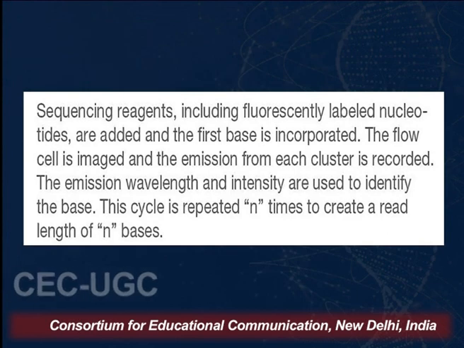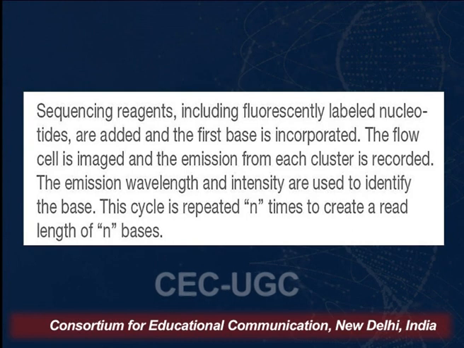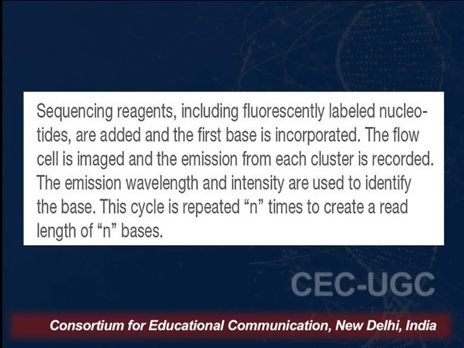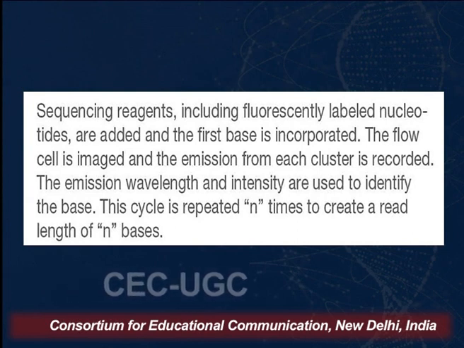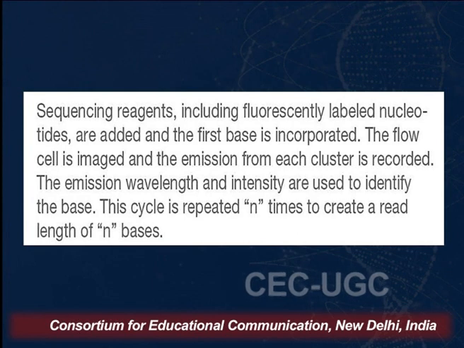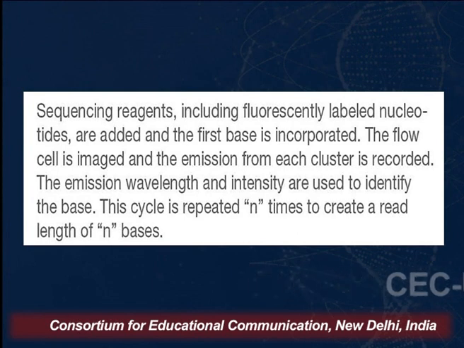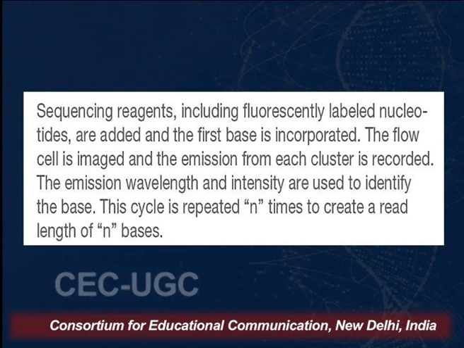So sequencing reagents, including fluorescently labeled nucleotides, are added and the base is incorporated. The flow cell is imaged and the extension from each cluster is recorded. Emission from each cluster is recorded.